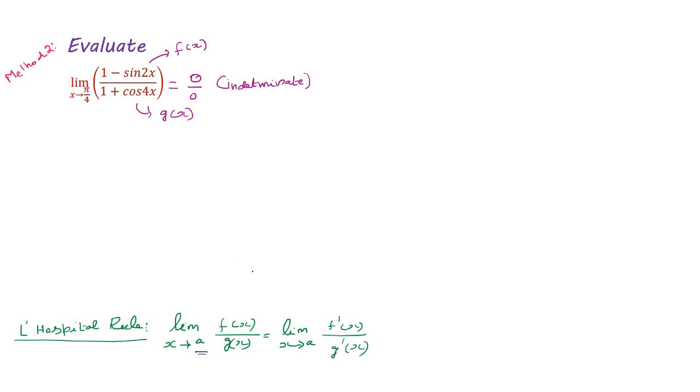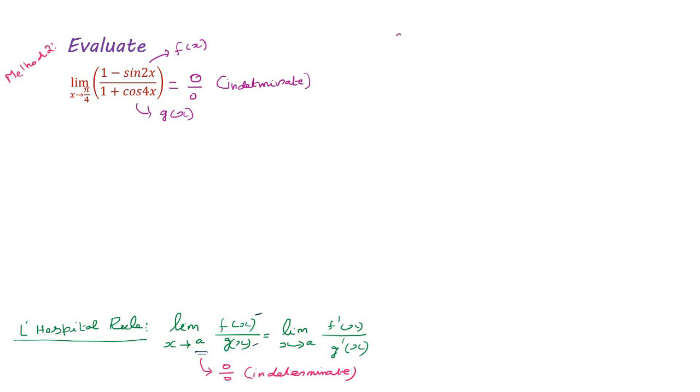So differentiate the numerator and denominator separately, not using quotient rule, and then find the limits. For that, the condition should be this. When you evaluate the limits, you should get an indeterminate form. Then only you should apply L-Hospital rule.